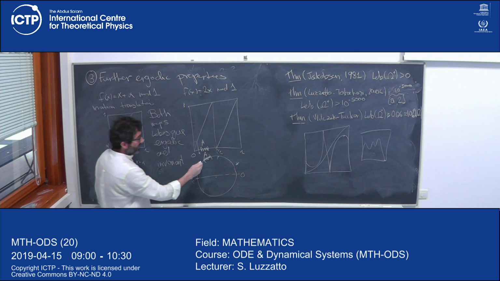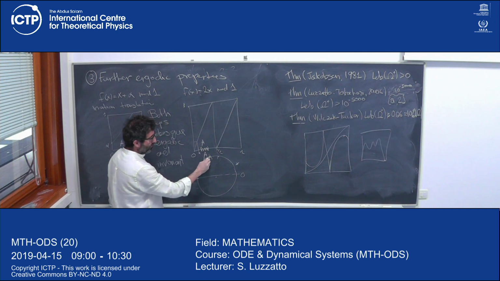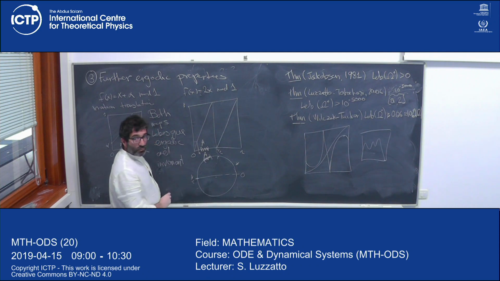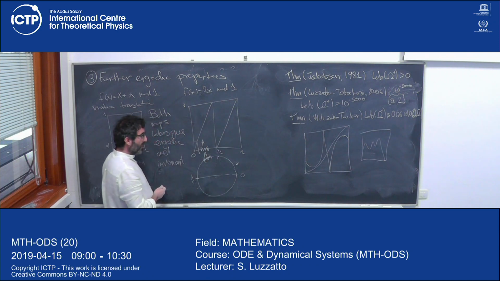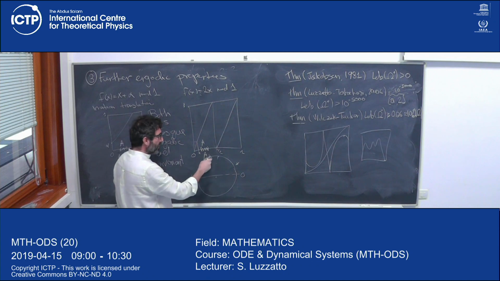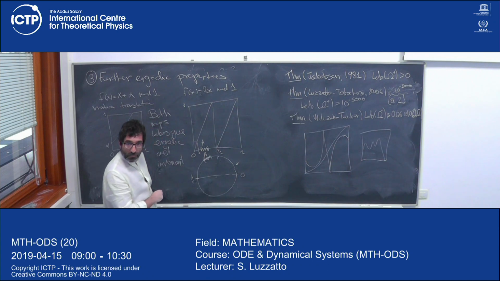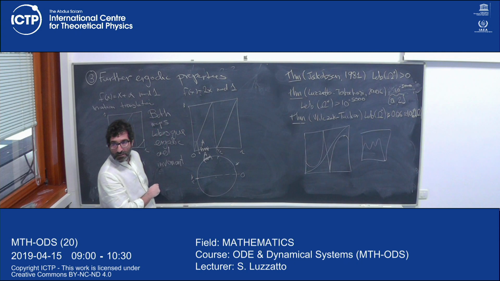How is this point visiting A? It's not jumping twice. It depends on the point. So remember, what is the dynamics of these points here? We have all kinds of dynamics. We have dense orbits, we have periodic points, we may have fixed points in here.